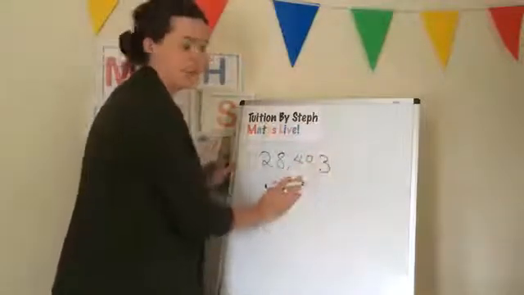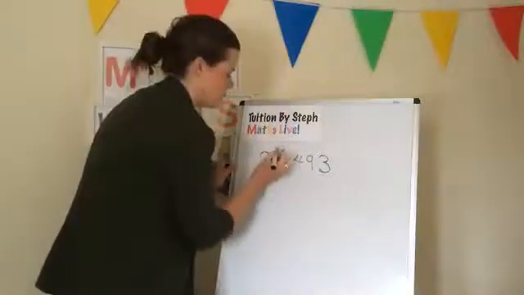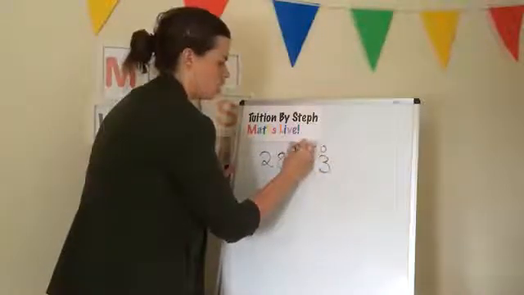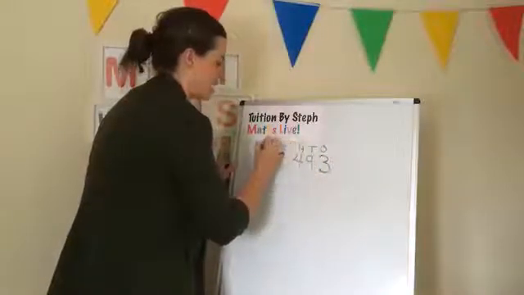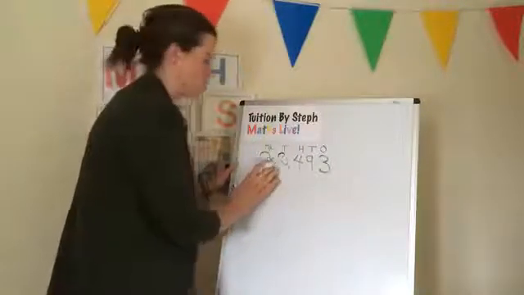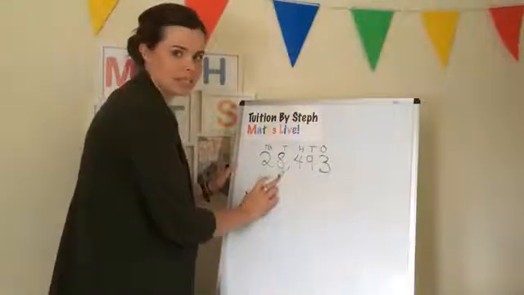Okay, let's find the thousands digit, just the 1000s, not the 10,000s. If I put ones, tens, hundreds, thousands, 10,000s, even though this is technically part of the thousands too, we're only focusing on this thousands, the single thousands.